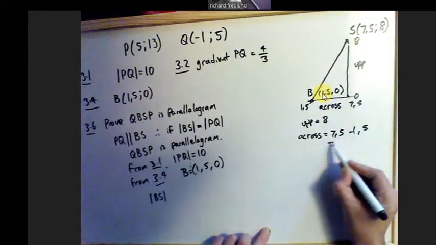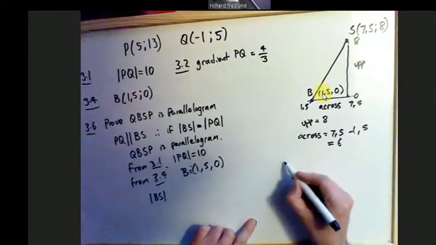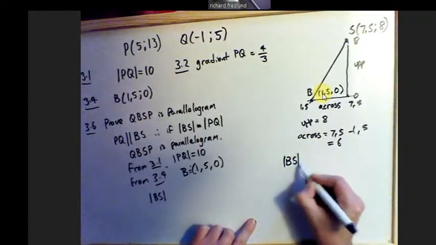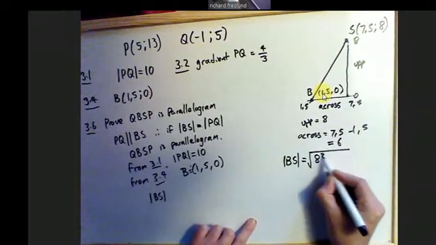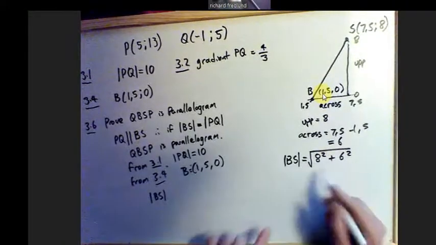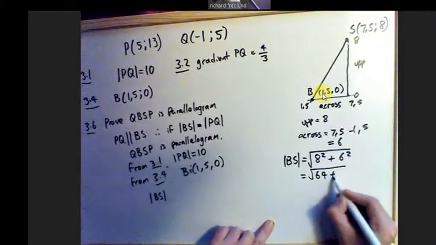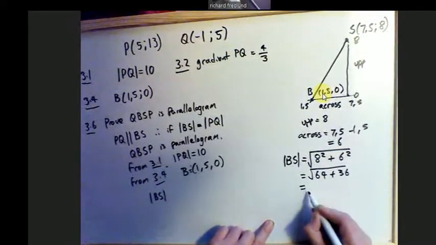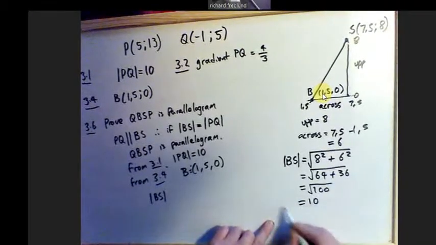So to find the length BS, that's going to be square root of 8 squared plus 6 squared. And if you remember from before, these are actually the same numbers. So it's going to be 64 plus 36, which is square root of 100. So that's going to be 10. So BS is equal to 10.